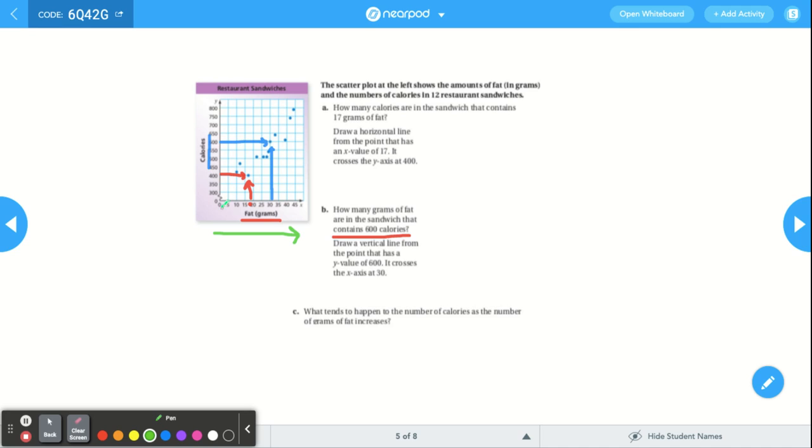As I'm looking at this, as we move across, it looks like the number of calories increases. So as we go up on the x-axis, we also start to go up on the y-axis. So there must be some sort of relationship between a sandwich having higher fat and more calories.